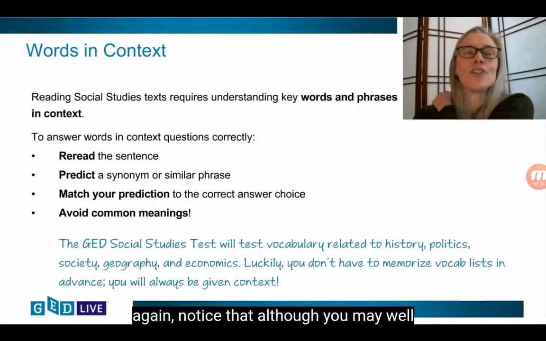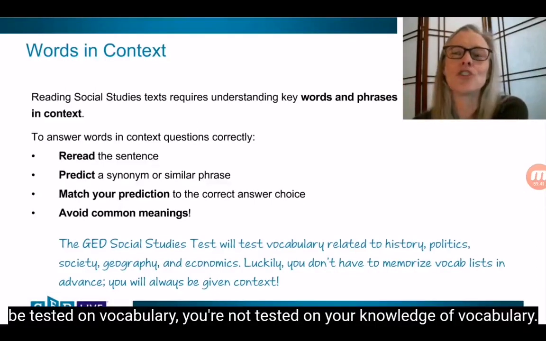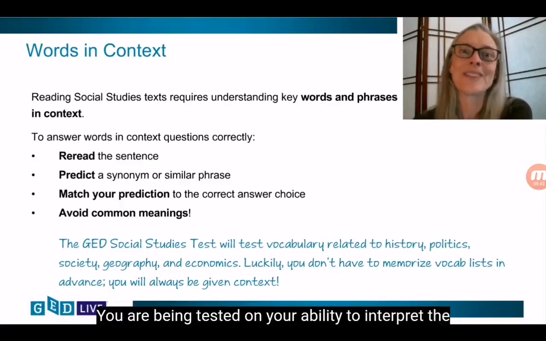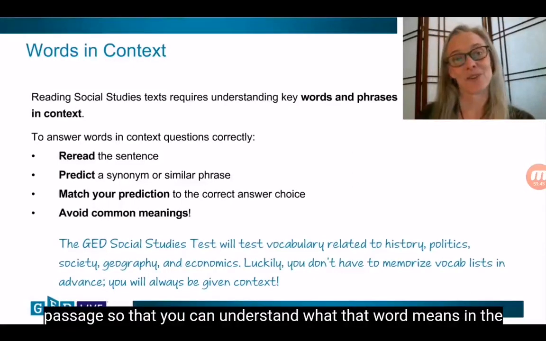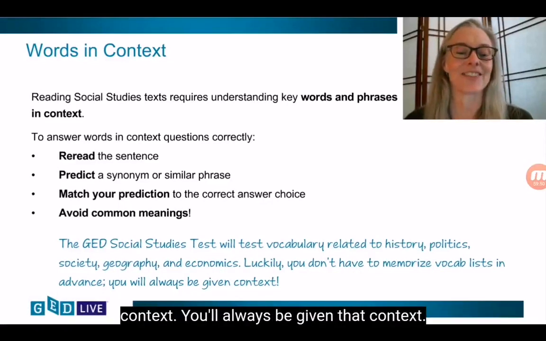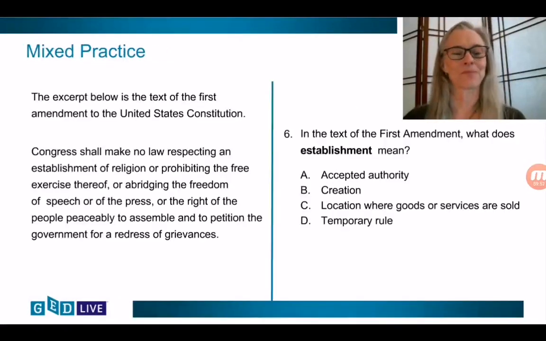And again, notice that although you may well be tested on vocabulary, you're not tested on your knowledge of vocabulary. You are being tested on your ability to interpret the passage so that you can understand what that word means in the context. You will always be given that context.